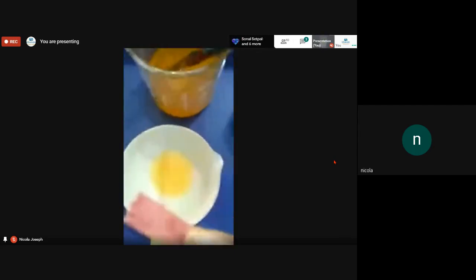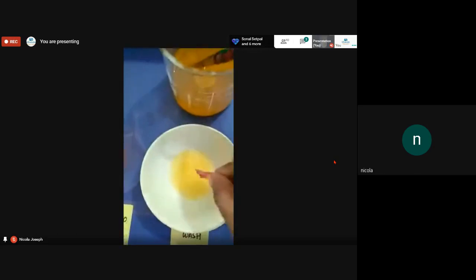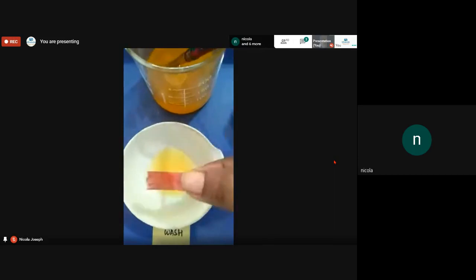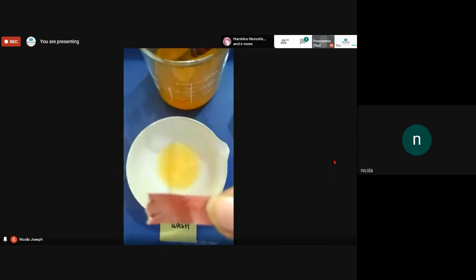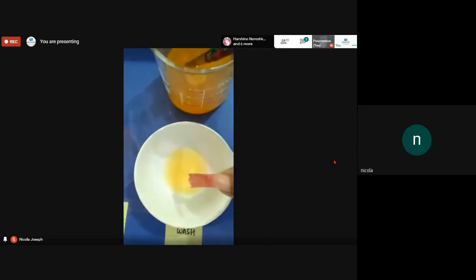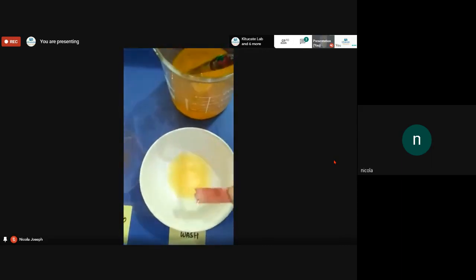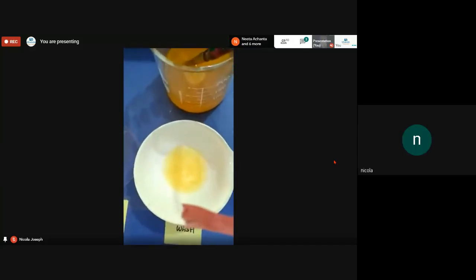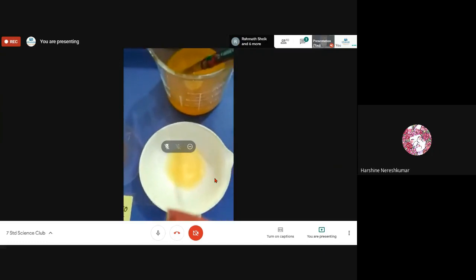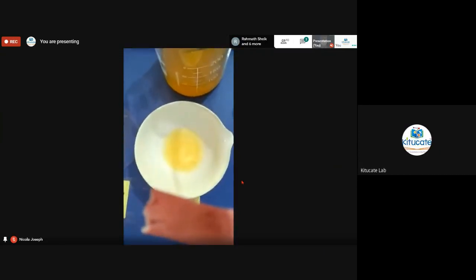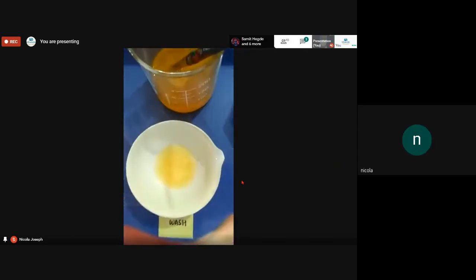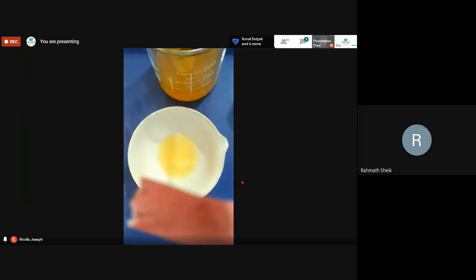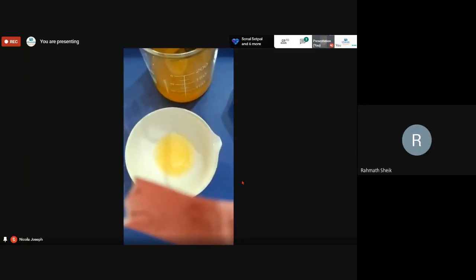Now moving on to the hand wash. We are testing it with red litmus paper. Ma'am, it is a base, but it is not changing its color.